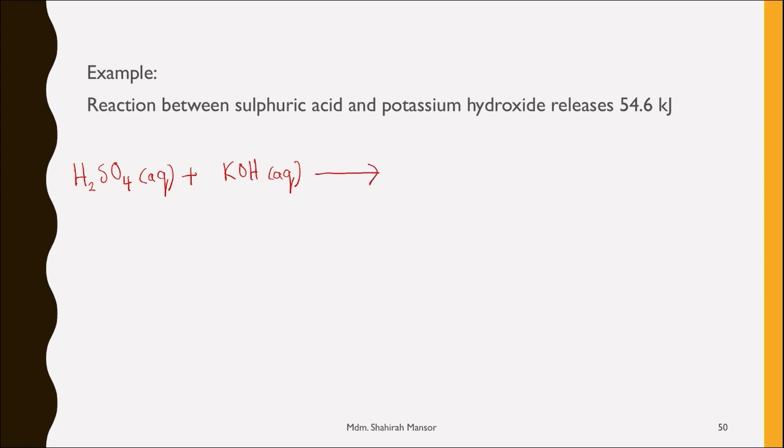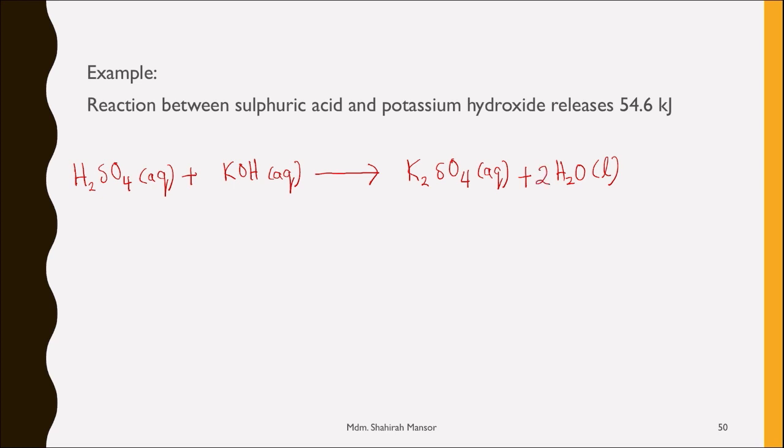You will get potassium sulfate and water. Now you have to check the balancing. According to the balancing, we will have 2 in front of water.